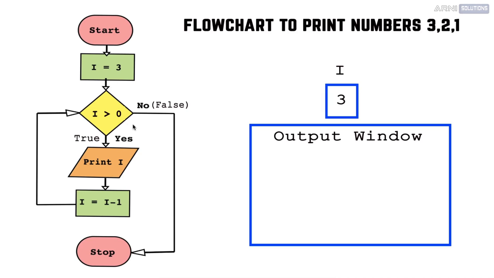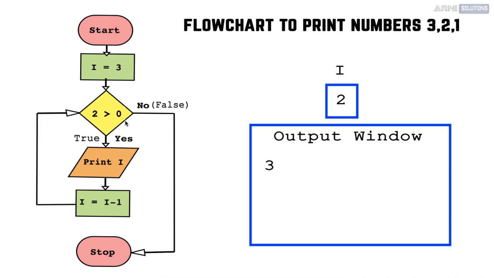Right now I is 3, and 3 is greater than 0. So the condition is true. Therefore, we will go inside this loop and print the value 3 on the output window. After that, we decrease the value of I, so the value 3 now becomes 2. After decreasing the value of I, we again check the condition: is I greater than 0 or not?